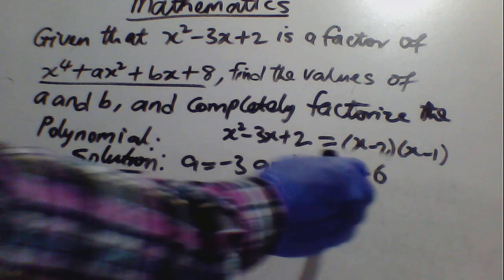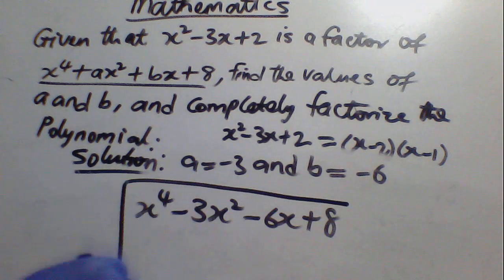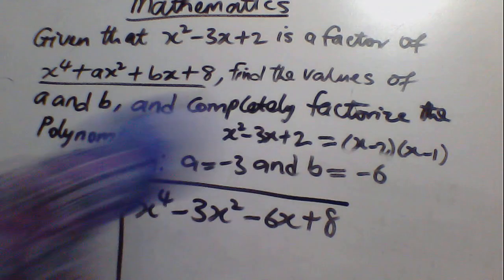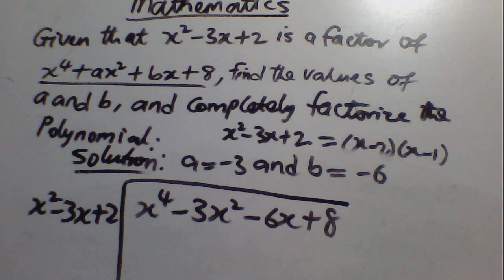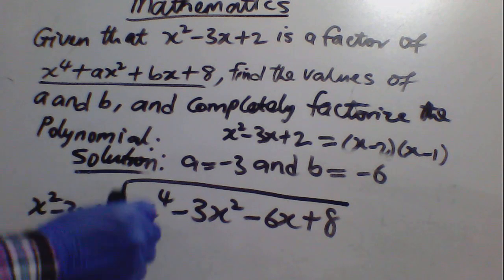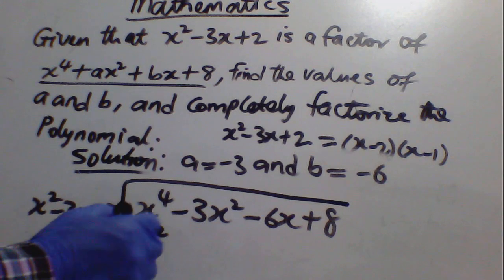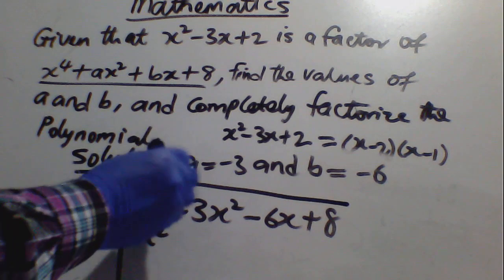Long division. Draw a long division line here. You are factoring with x squared minus 3x plus 2. In this case, x raised to power 4 divided by x raised to power 2 will give us x raised to power 2 here.